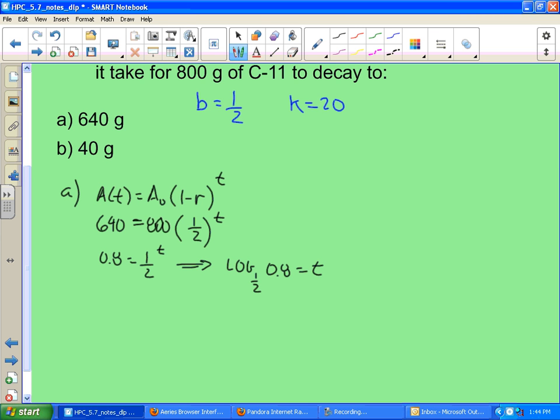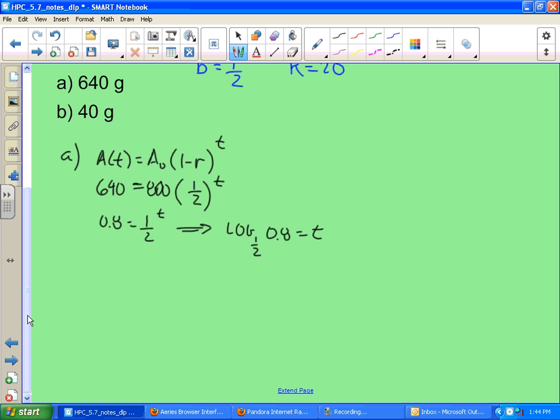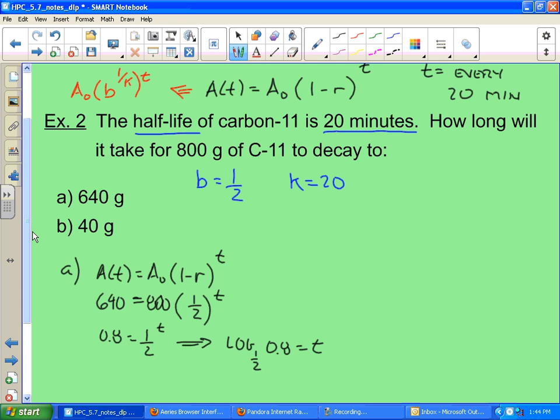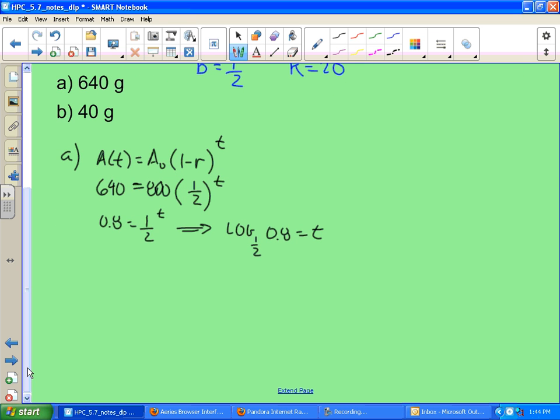Now I have log of 0.8 over log of 1/2. We don't know t. It's asking you for how long will it take. So we're looking for t. So t is equal to the log of 0.8 over the log of 0.5.